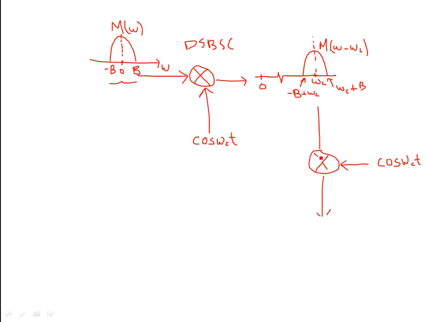So at the output, this is my input, this is my modulated signal, this is my local oscillator signal, so let me call this omega LO.